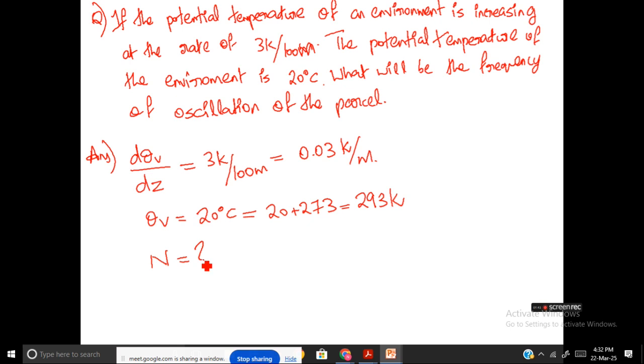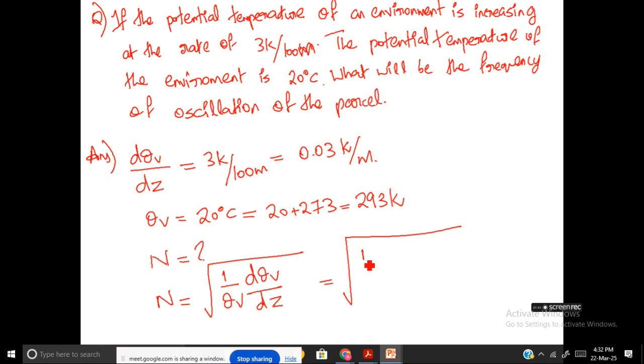We have to calculate N, the Brunt-Vaisala frequency. N is given by root of g by theta v into d theta v by dz, which implies root of 9.8 by 293 Kelvin into 0.03 Kelvin per meter. g is also there, right? 9.8 has a unit of meter per second raised to minus 2.